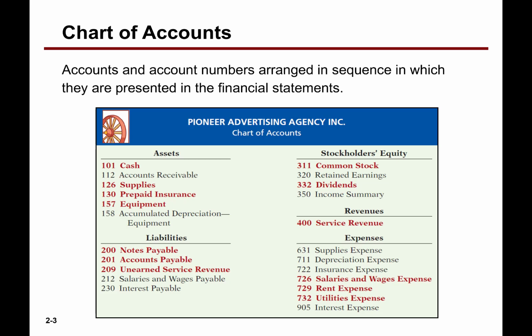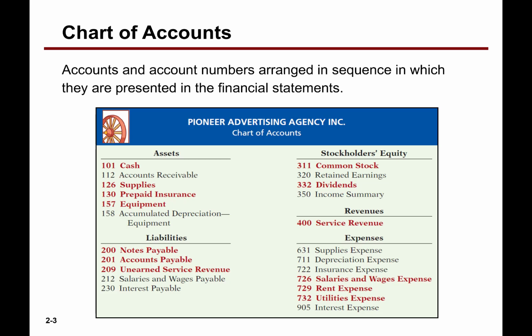Equipment is obviously an asset because it has future economic benefit. Liabilities, our category. These are our categories, aren't they? Assets equal liabilities plus stockholders' equity. But under the categories, we have accounts. This is a chart of accounts telling you which are assets, which are liabilities. Liabilities are pretty easy.